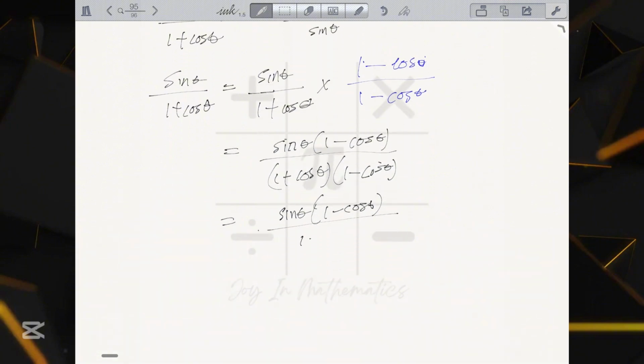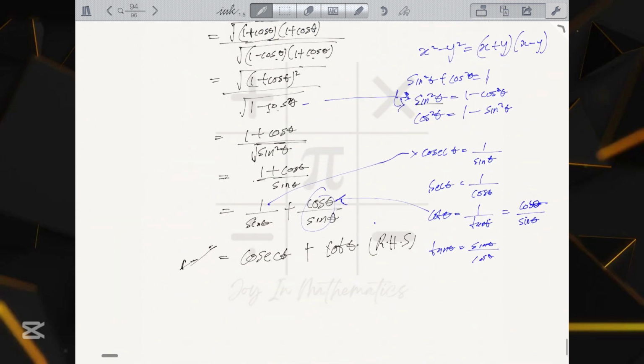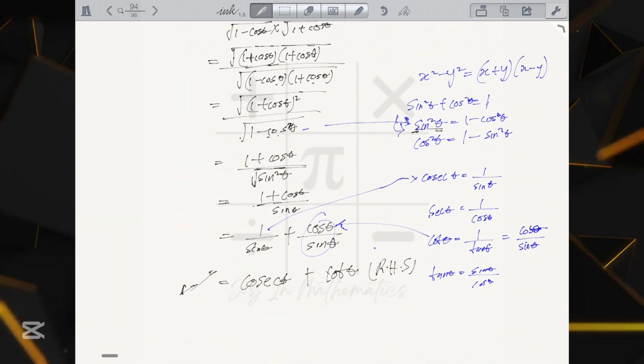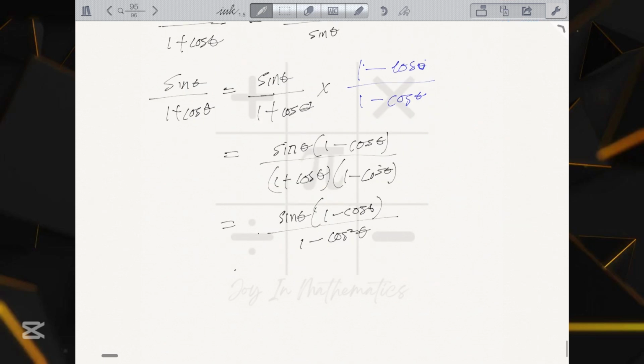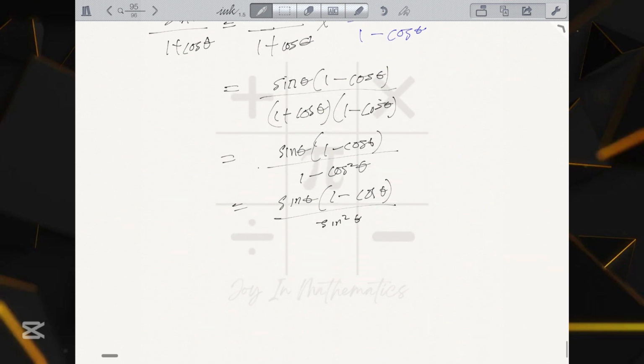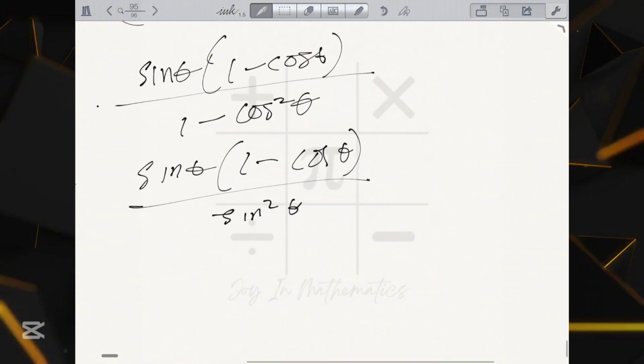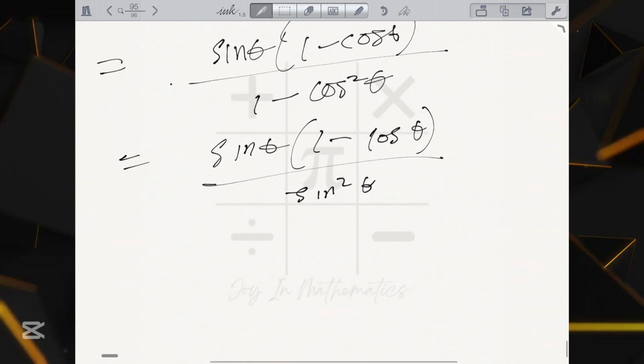So this will give us 1 minus cos squared theta, and 1 minus cos squared theta is equals to sine squared theta. Therefore we have sine theta into 1 minus cos theta divided by sine squared theta. Sine squared theta is sine theta multiplied by sine theta.